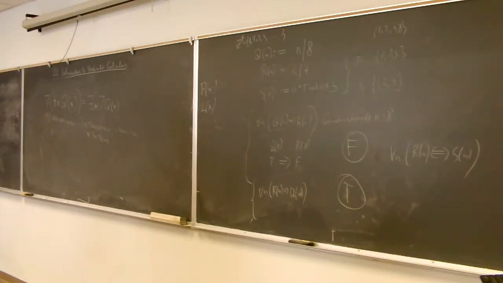I wrote it there: for every irrational x and every irrational y, their difference is also irrational. What would be the negation? There exists x, irrational, and there exists y, irrational, such that their difference is what?